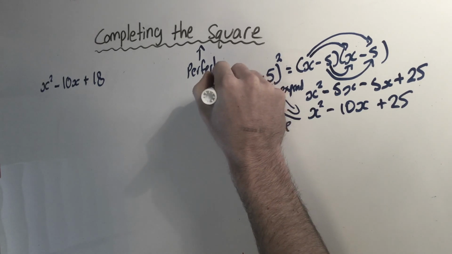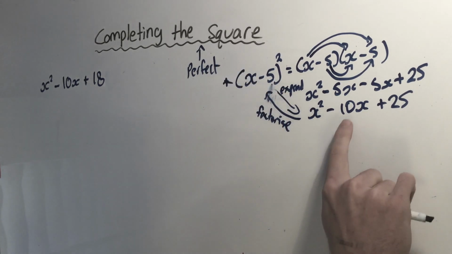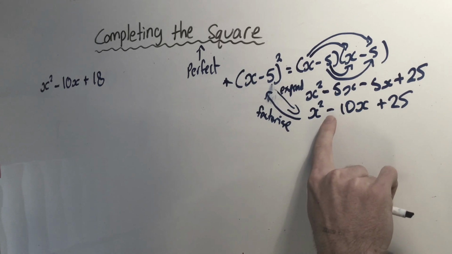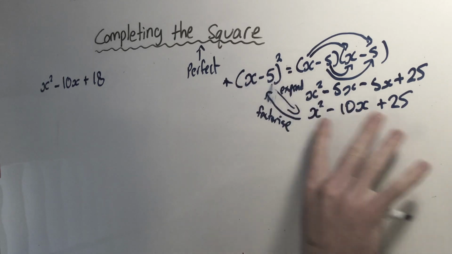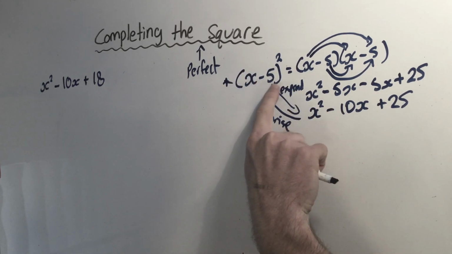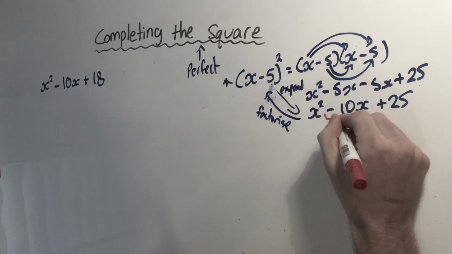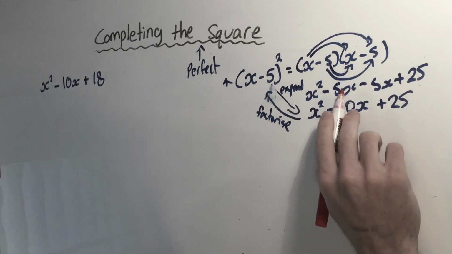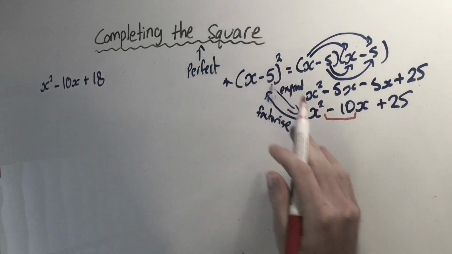That's the first thing you need to know. But importantly, if I was to reverse this process and try to get this back into the bracket, you'll notice that this minus 5 is always going to be half of this one, because remember, we doubled them to do the shortcut. We times these together and times it by 2.